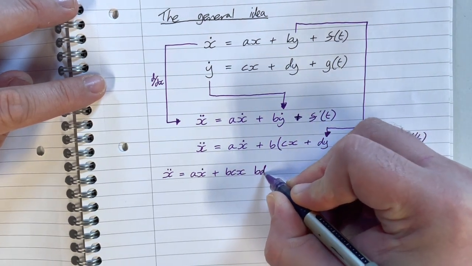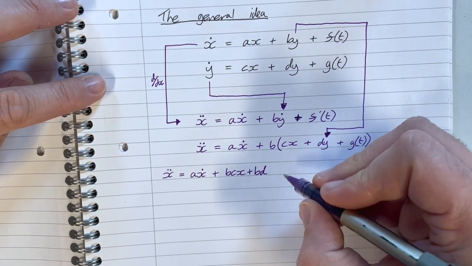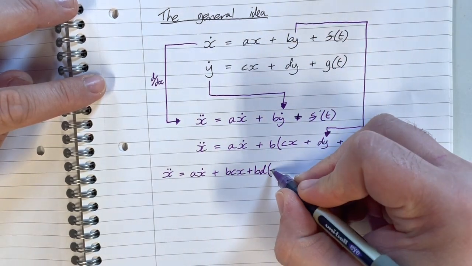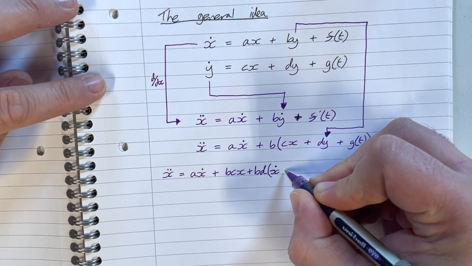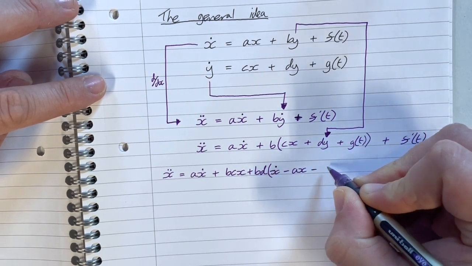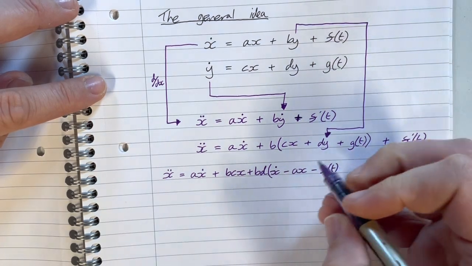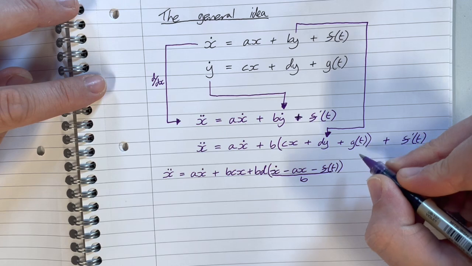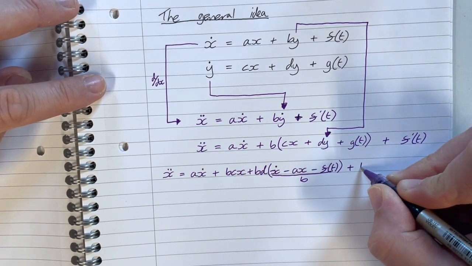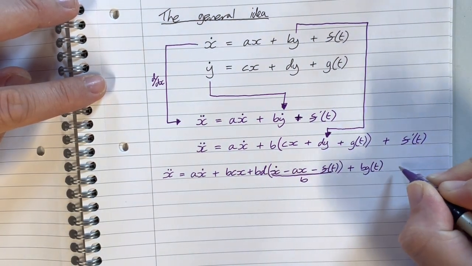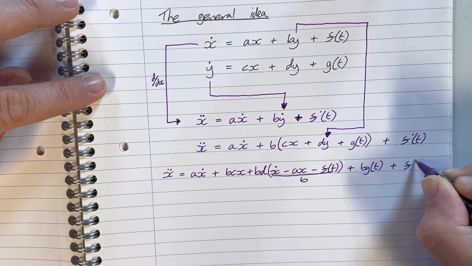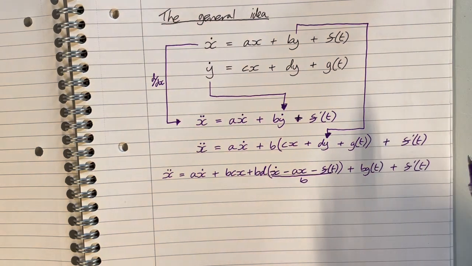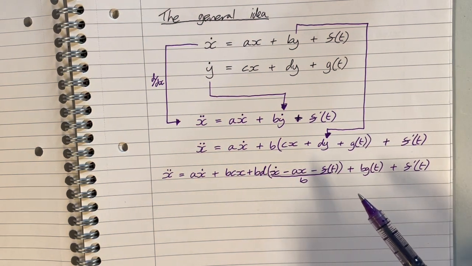So it's going to be bd times x dot minus ax minus f of t, all divided by b. Then I have plus b times g of t. And don't forget your f primed of t. I know it looks really messy, but that's just because this is a very general case. Okay, we don't know A, B, C, or D. We don't know F or G.